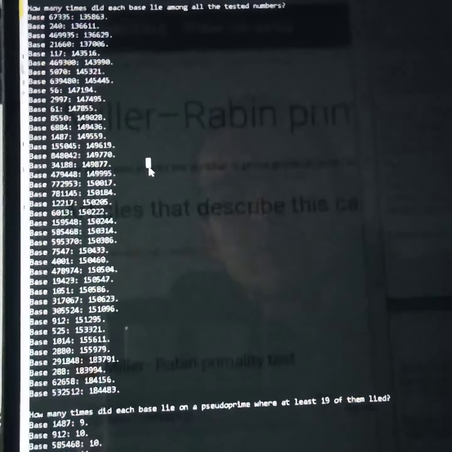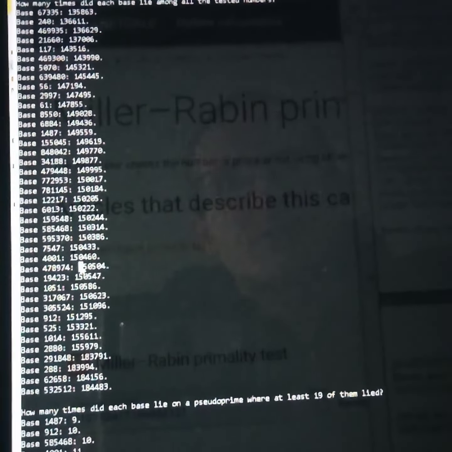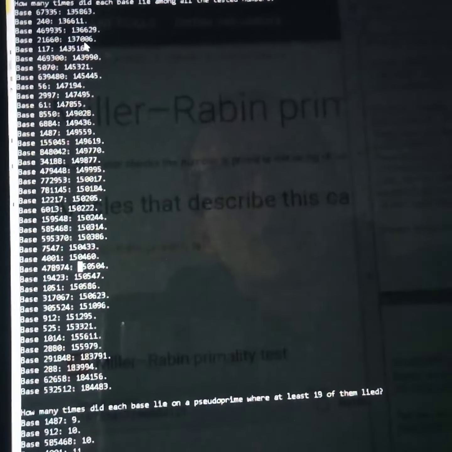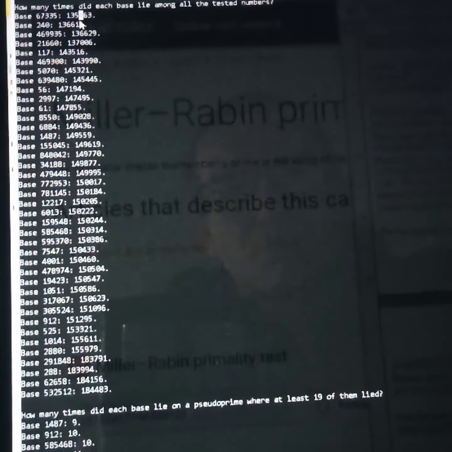And then down here, among the 40 bases, generally speaking, how honest was each base? Over 130,000 composites bare minimum passed for a single base. But you can see the variation. Let's see, yeah, 156,000 to 184,000.